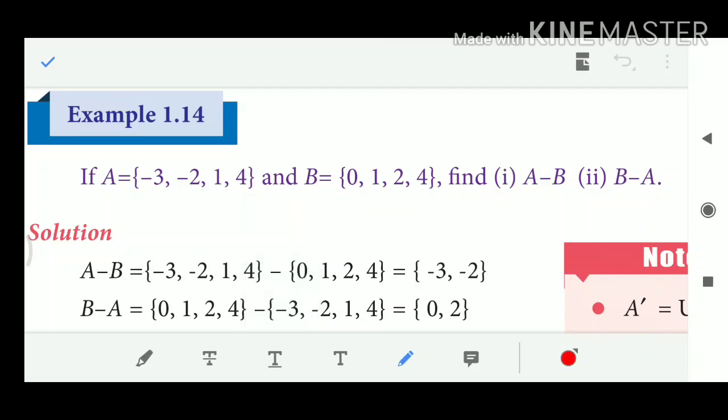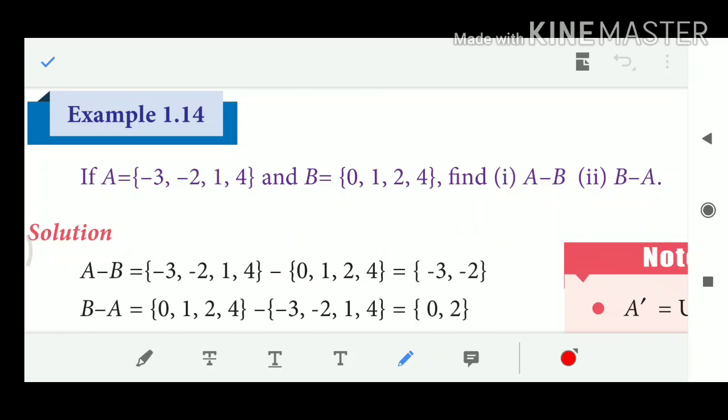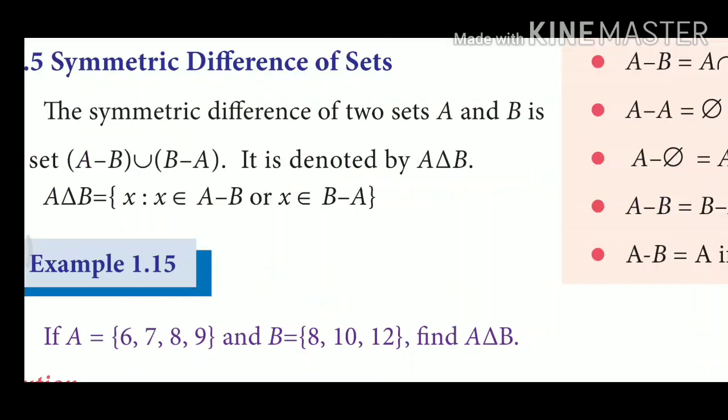In this I have to neglect the common elements between the two sets A and B. 1, 4 are the common elements. If you neglect that, the remaining elements from A are -3 and -2. For the set B minus A, you have to neglect 1, 4 here also. The remaining elements from B are 0 and 2.